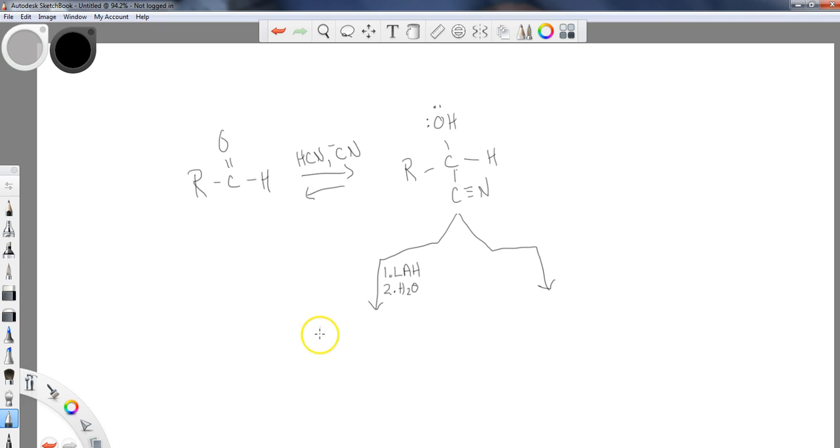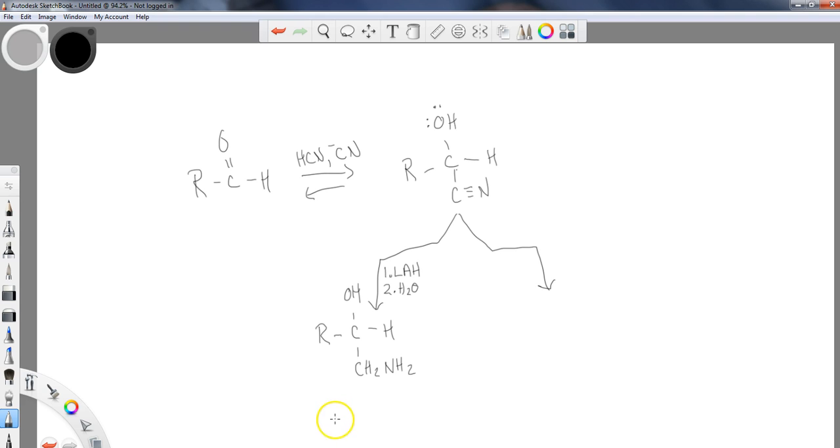If I reduce this, I'm getting rid of these double bonds and adding hydrogens, I would end up with the corresponding amine. And so what I would create here would be CH2NH2. I'm adding hydrogens to the nitrile, and then I would still have my alcohol present up at the top.